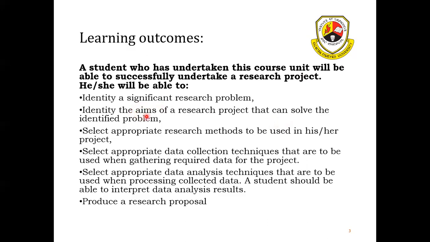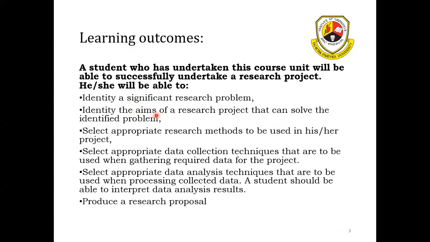The next thing that is going to be significant is the issue of aims or objectives. Once you identify a research problem, then you must have set objectives in order to solve the research problem. So the other thing I would like you to do is start reading on research objectives. What are they?